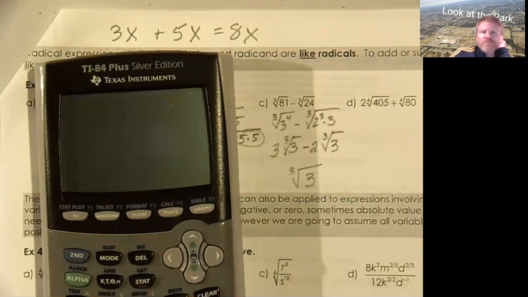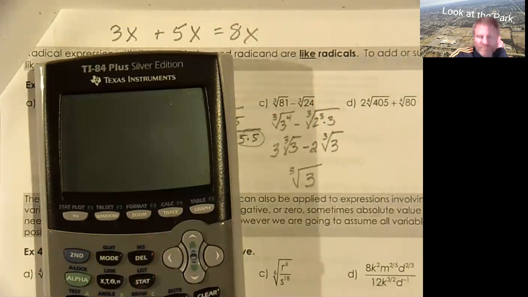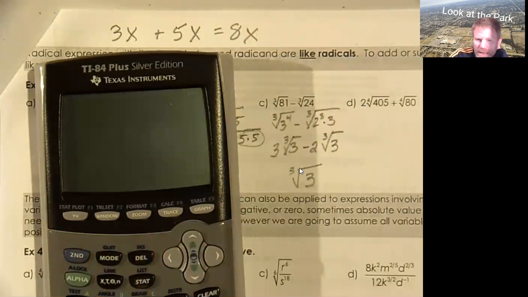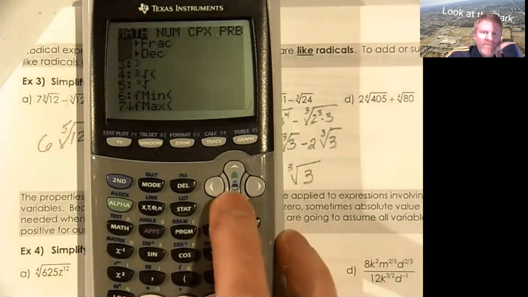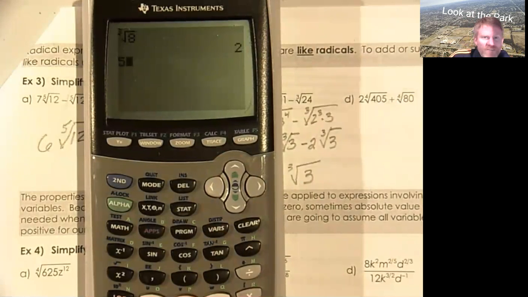Mr. Weber? Yeah. How do you get another number besides the 3 in front of the radicand? All right. On the calculator, if we wanted to do the cubed root, we hit the math key, and we've got the cubed root as one of the options right here. But what if you want to do something other than the cubed root, like the 5th root?